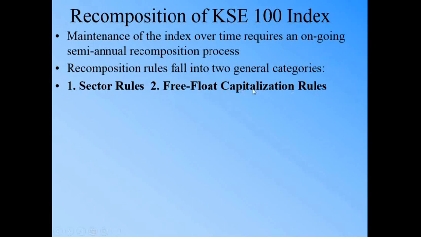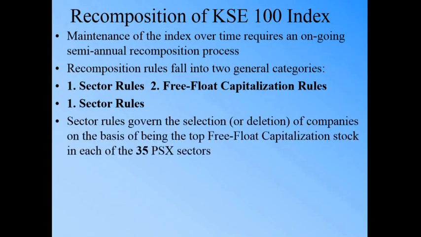Let's say another company was previously on the 65th position, and there was another company on the 66th or 67th or 70th position, but now that company has performed better and its value has increased, while the company on the 65th position could not perform very well. So the 70th number company will replace the 65th number company, and that is the free float capitalization rule. We will explain it in more detail here.